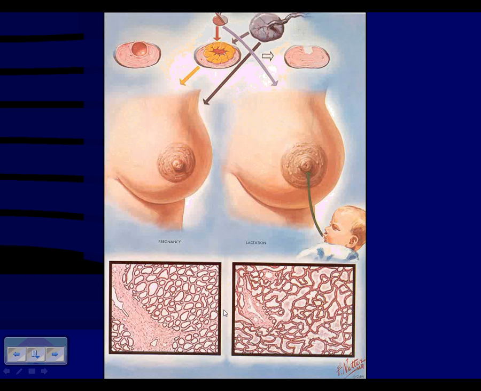And you notice here, this is a lobular unit that shows a lot of glandular proliferation. The secretory cells become enlarged, they become hypervacuolated because of all the secretory material, and the lumens of these acini become filled with secretory material that eventually makes its way into the ducts for lactation.